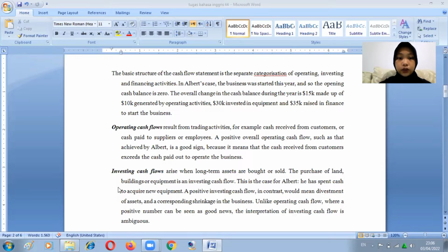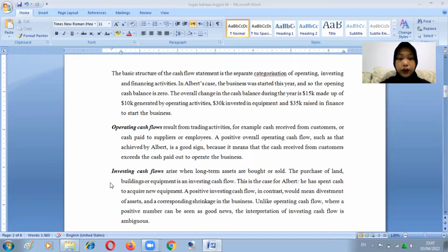Operating cash flow results from trading activities, for example, cash received from customers or cash paid to suppliers or employees. A positive overall operating cash flow such as that achieved by Albert is a good sign, because it means that the cash received from customers exceeds the cash paid out to operate the business.